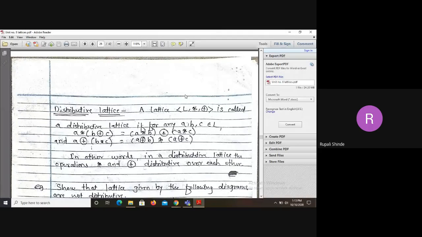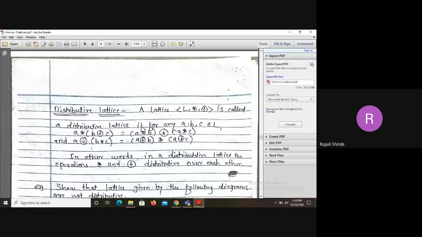For example, you can consider any three elements belonging to lattice L and then apply the distributive property. Check the first property: we have taken star outside the bracket and XOR inside the bracket. Now we apply the star operation over this bracket, so we can write (A * B) XOR (A * C).